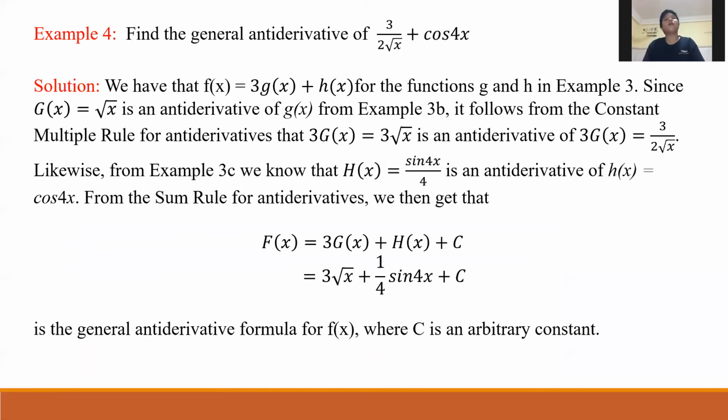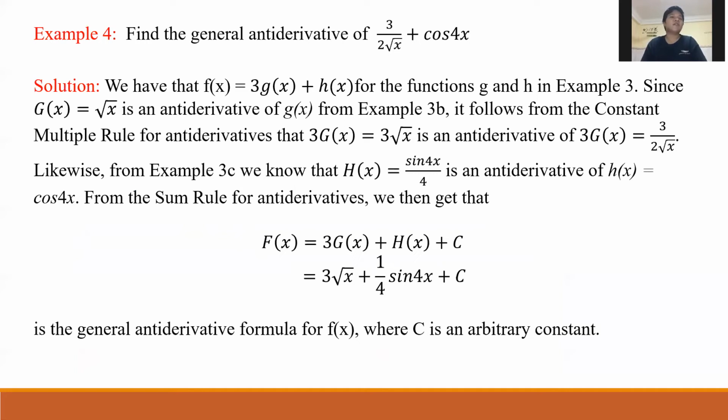Example 4. Find the general antiderivative of 3 over 2 square root of h plus cosine of 4h. We have that f of h equal to 3g of h plus h of h for the functions g and h in example 3.